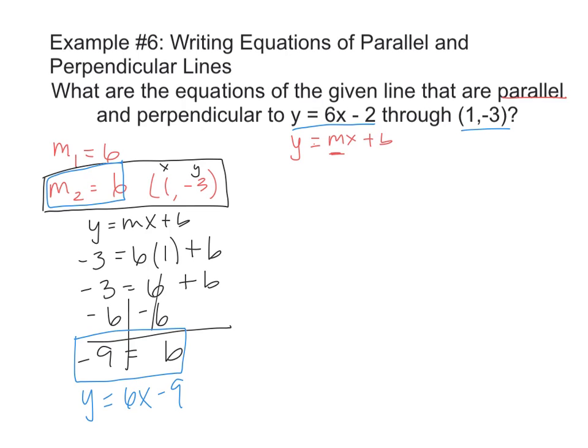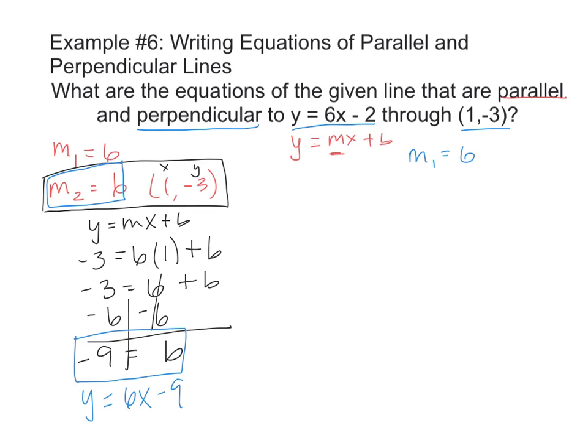Okay? So now we're going to find the line that is perpendicular to that equation and through the point 1, negative 3. So again, let's start off with the information that we know. The information that we currently have is that our slope is 6. We're talking about a brand new situation. We're talking about perpendicular, but we're still talking about the original equation.